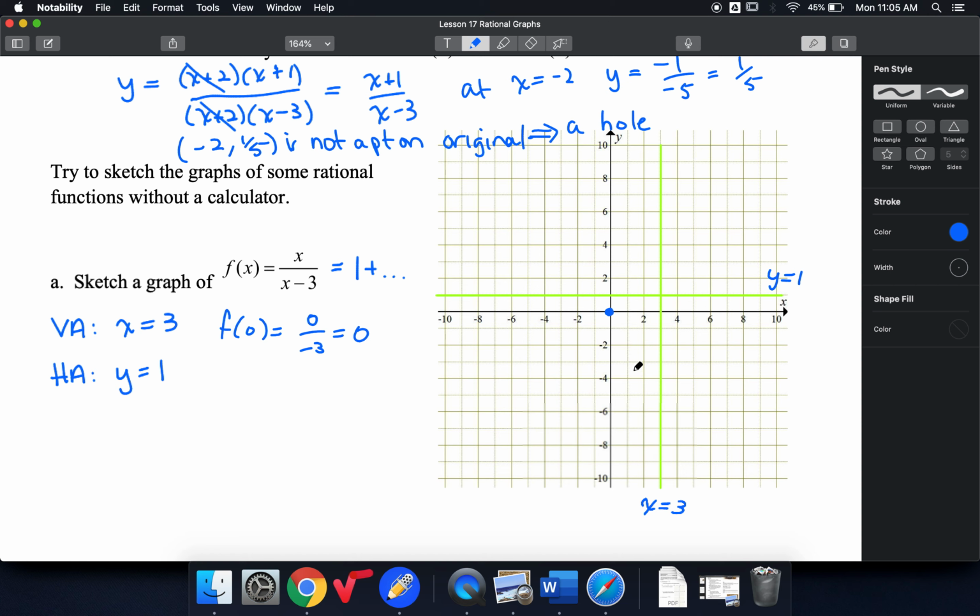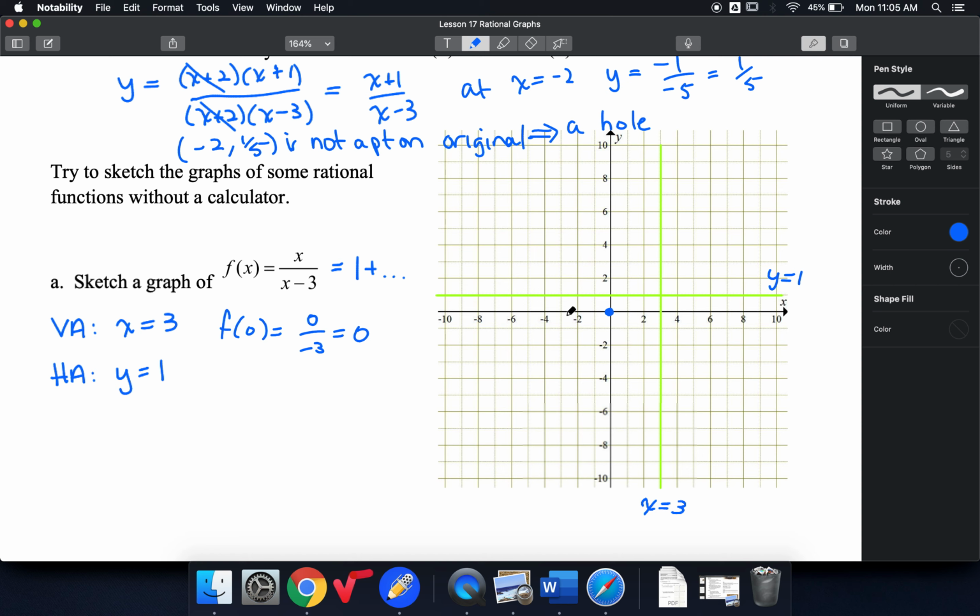Well, let's think about what happens as I'm getting closer to 3 on this side, so I'm thinking about x values of like 2, 2.5, 2.9. Well, that's going to be like 2.9 over negative 0.1. That's going to give me negative 29.